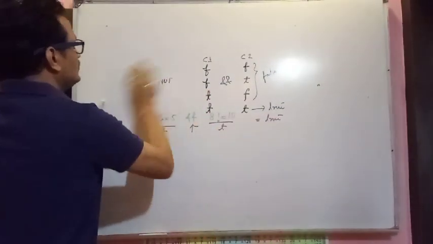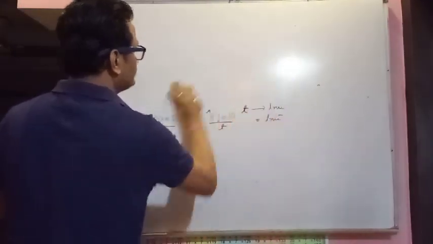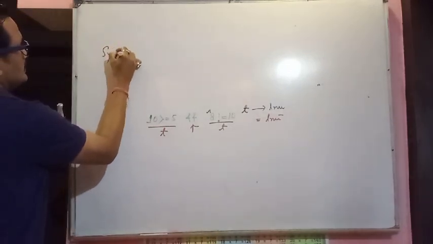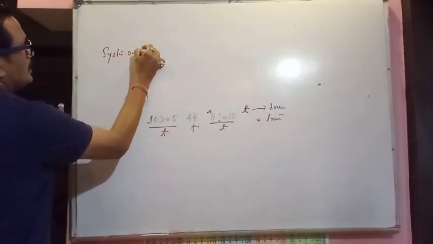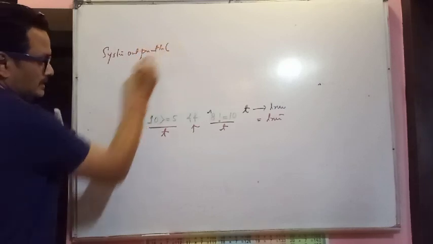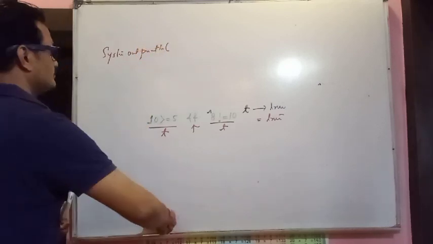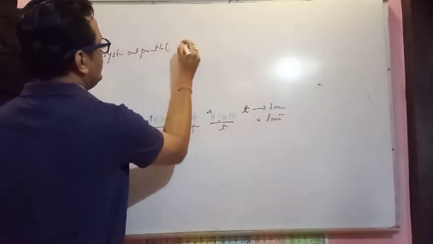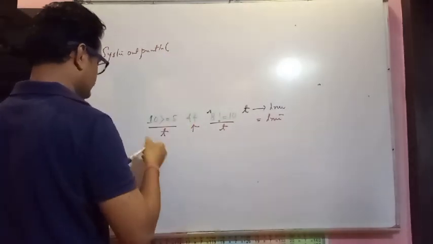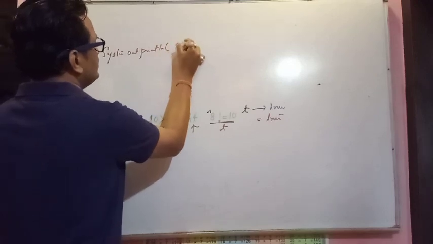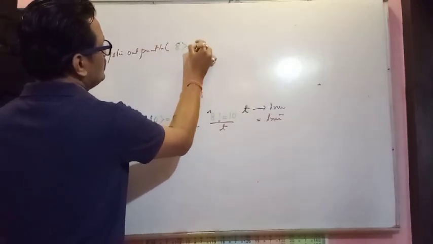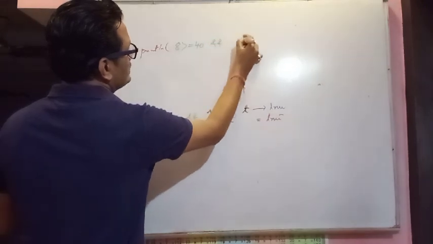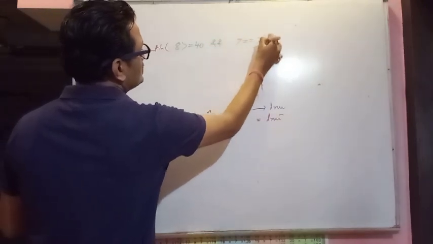Once again, one more example. System.out.println. Okay? Here is 8 greater than equal to 40 and 7 is equal to 7.